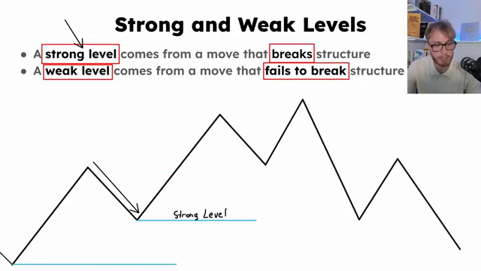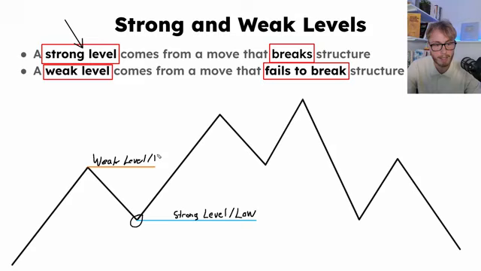In order for this move to be strong, we actually need to break the previous low that is all the way down here. So this right here is a move that fails to break structure, or in other words, this is a weak level. And some traders will also call this right here a strong low because it comes from a low, and they will call this right here a weak high because this right here is a high.